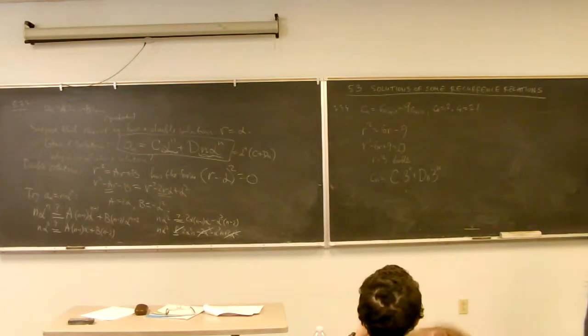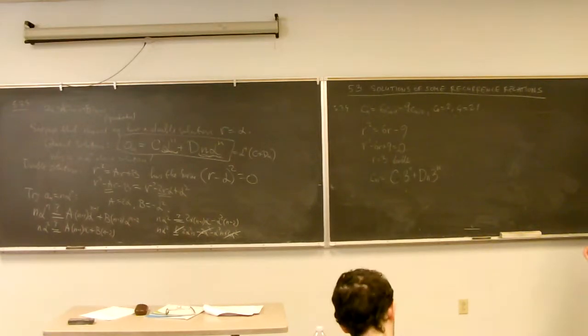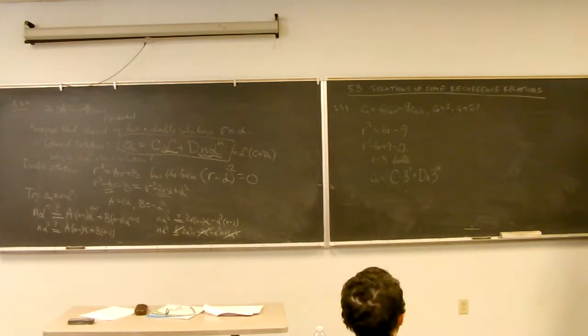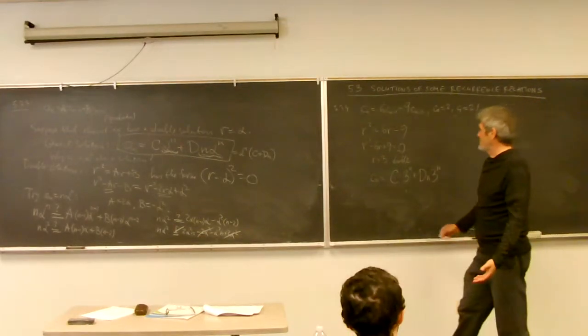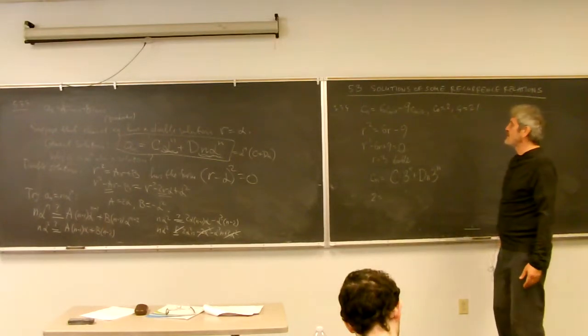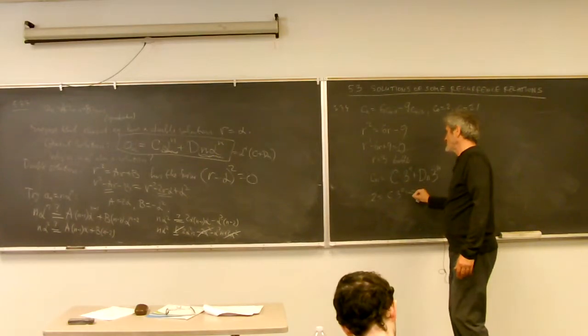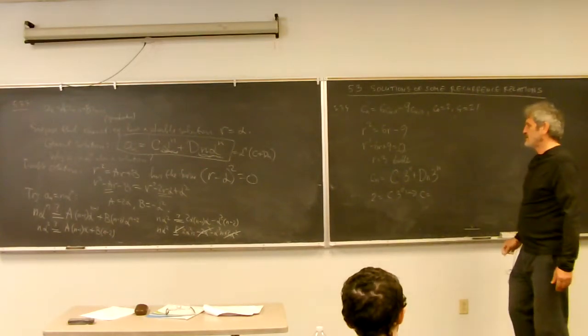The first one just gets 3 to the n, the second one gets an extra n. That makes it very nice for n equals 0, because when you put n equals 0, the second term disappears because of that n. So we get just c times 3 to the 0. So we immediately get that c is what? 2.